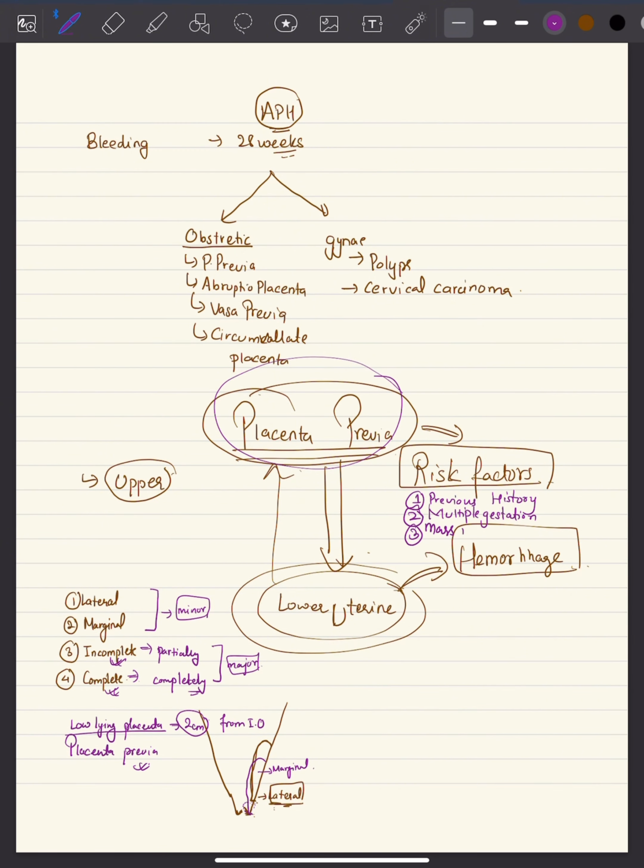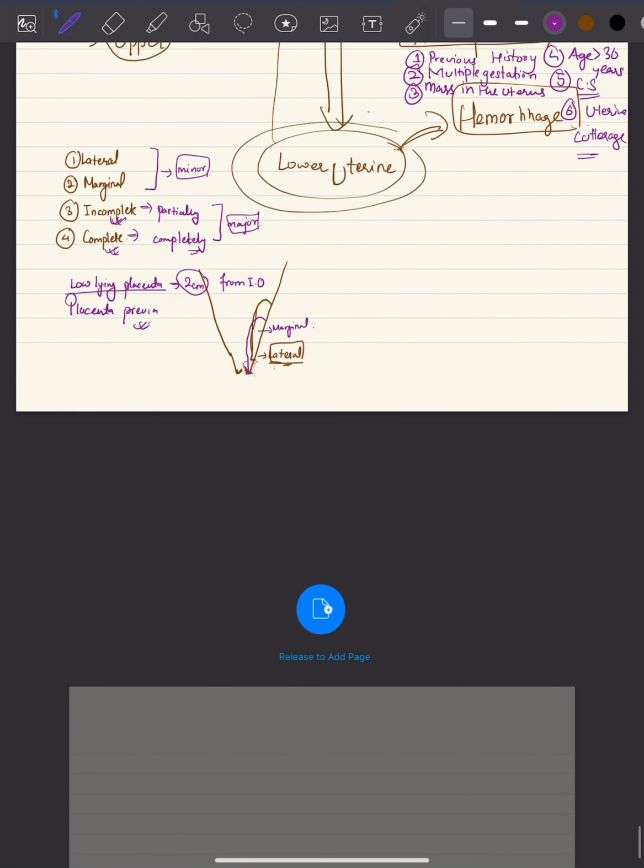Third, if there is any sort of mass in the uterus, or if the age of the woman is greater than 30 years. If the woman has a previous history of CS, she becomes more prone to placenta previa. And if there is a history of uterine curettage, also she is more prone to having placenta previa.